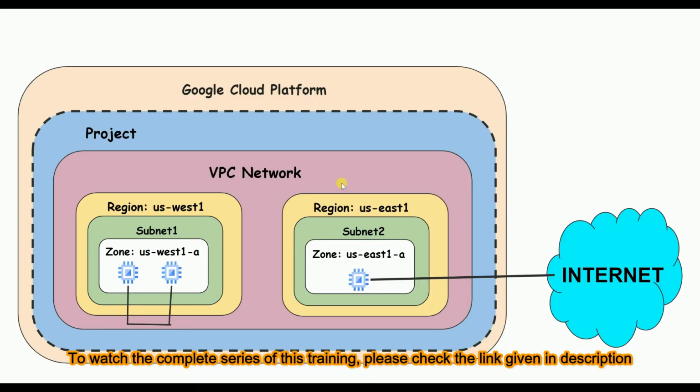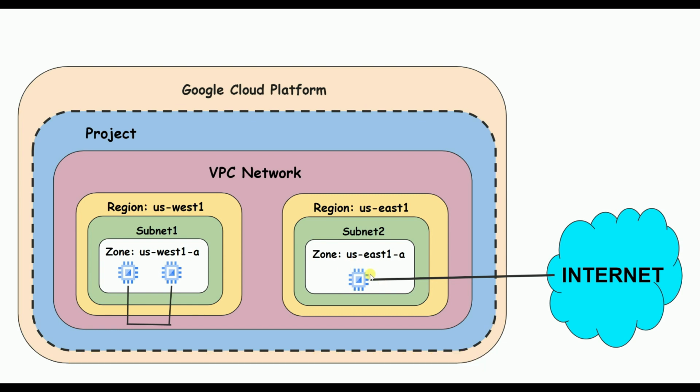Okay, and you can also make it in such a way that, for example, if you want to have this particular VM open to the internet, meaning any user coming from the internet can access this VM, and at the same time, if you want to keep these 2 VMs within the network, within the GCP platform, you don't want to expose them to the internet, you can set it up in that way as well.